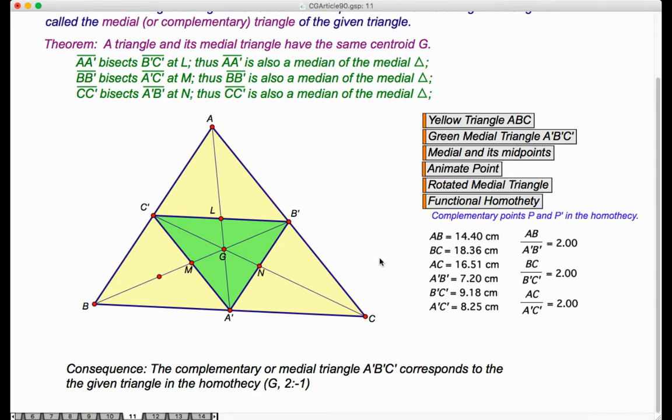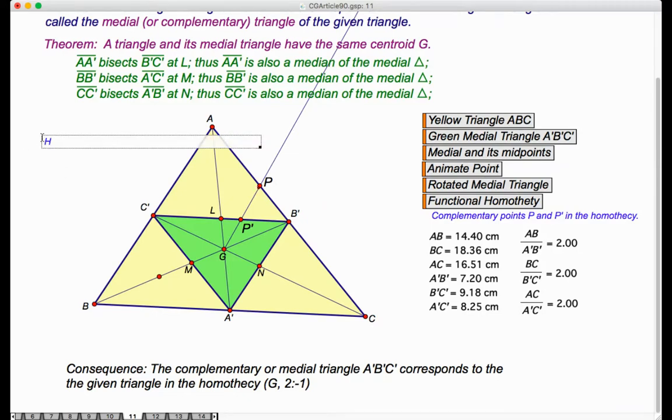From the functional perspective, okay, so for every point P in the yellow triangle, so this is P, the image of it in the green triangle is P prime, okay? And that's what it is. So the homothecy, you can say it like this one.